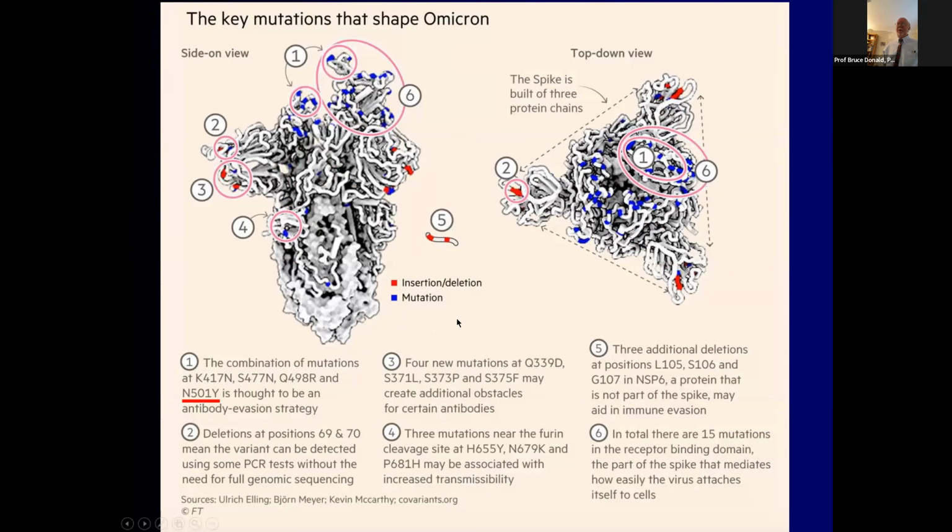I'll make a distinction here. What I'm showing here are visualizations of the mutations based on modeling. So we have structures that were not of the variant proteins, they're of the last variant in which we've modeled in the mutations. Now, most recently, we have actual structures of these and we can compare those. So if I say model, I mean we started with a structure and then we modeled in the mutations to try to figure out what they could do.